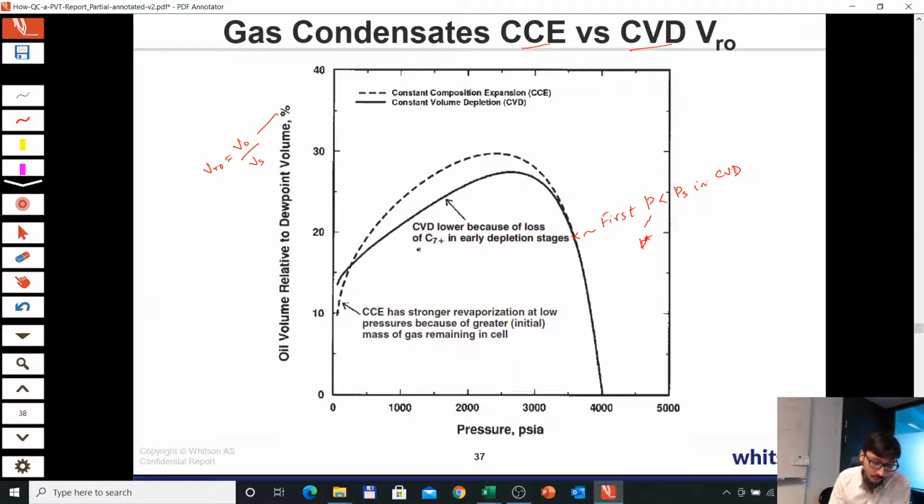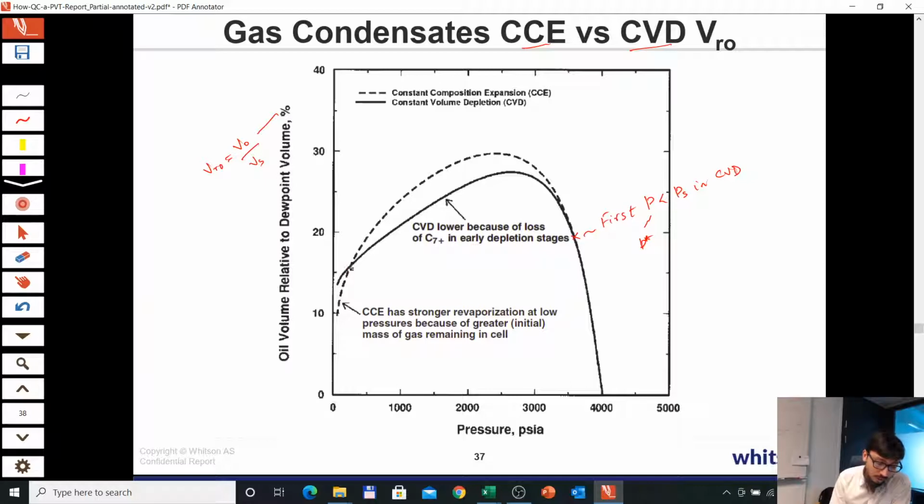Okay, and at low pressures they start crossing, because in the CCE experiment we have a stronger revaporization since we have a lot of gas there. Since there is a lot of gas, the gas starts revaporizing the oil, so the oil shrinks more in the CCE experiment at low pressure compared to the CVD, where we have less gas.